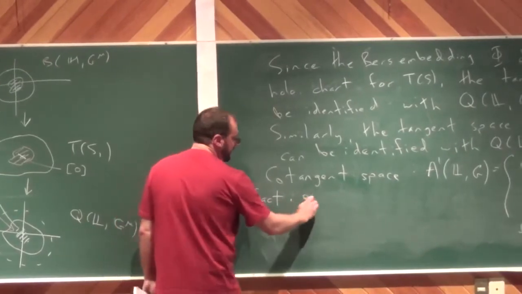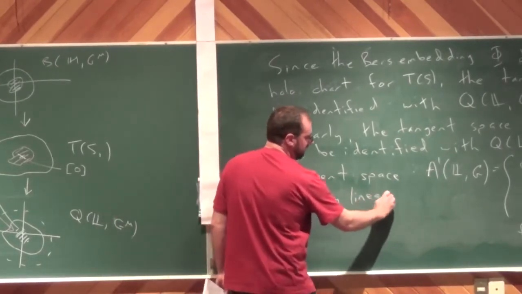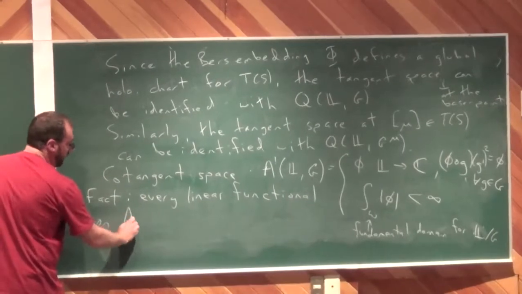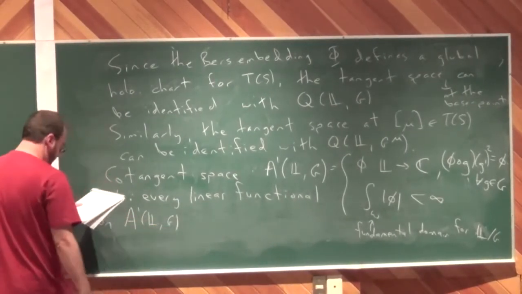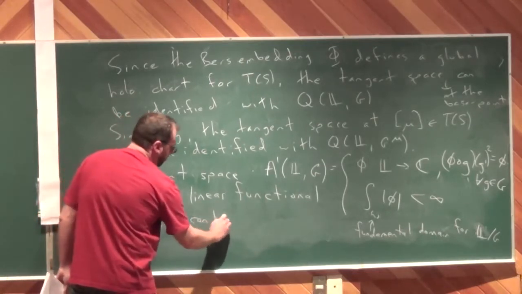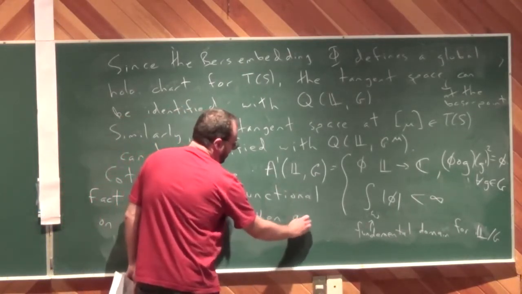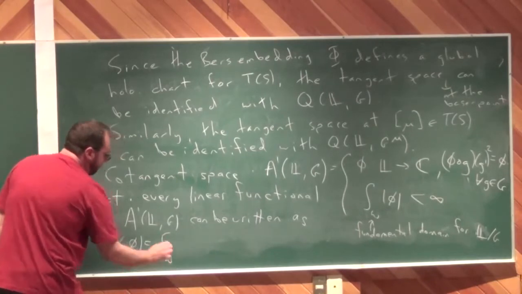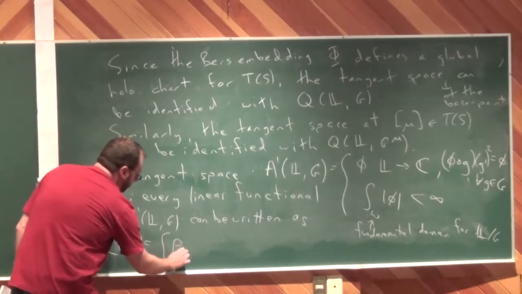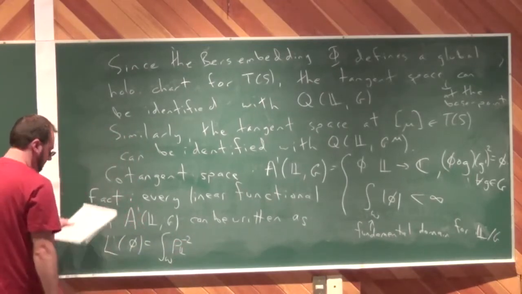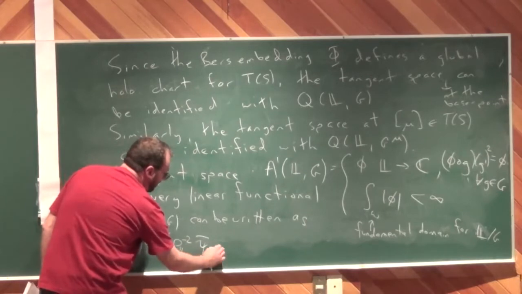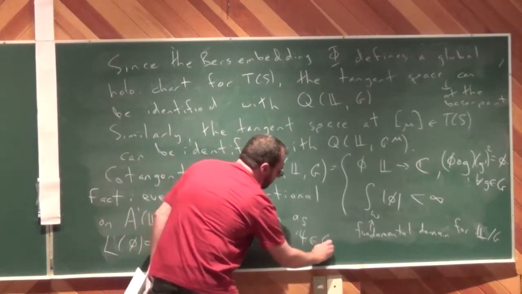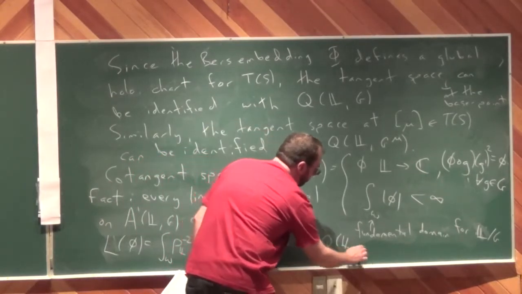And fun fact, every linear functional on A1 of LG can be written as L of phi is the integral over our fundamental region omega of the hyperbolic density to the power minus 2, psi bar phi, for some psi in Q of LG.